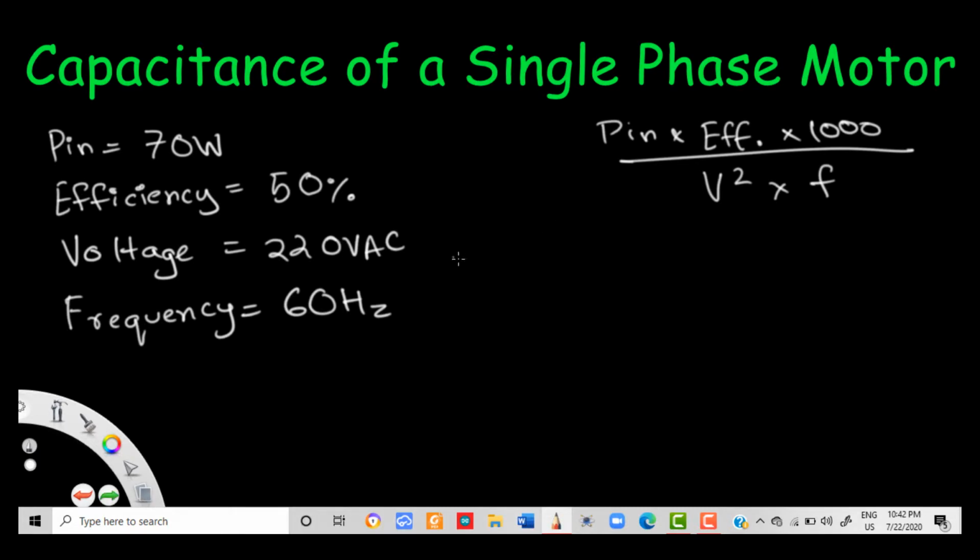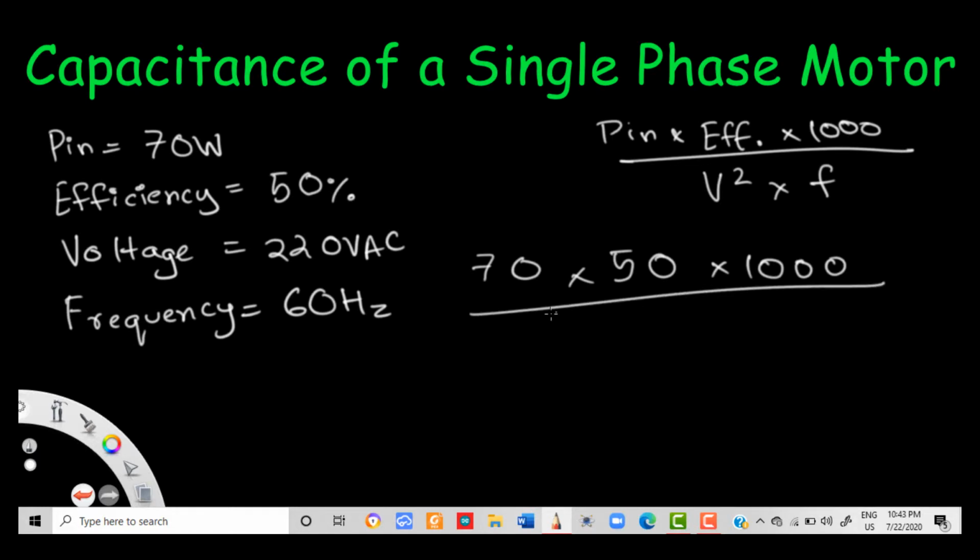So we know the power input is 70 watts, the efficiency is 50%, and I don't need to explain how to find out efficiency, we just found it out. So efficiency is 50% times 1000 over voltage squared. Voltage input is 220 volts AC, so we write 220 squared times frequency F, which is 60 Hertz in our case.